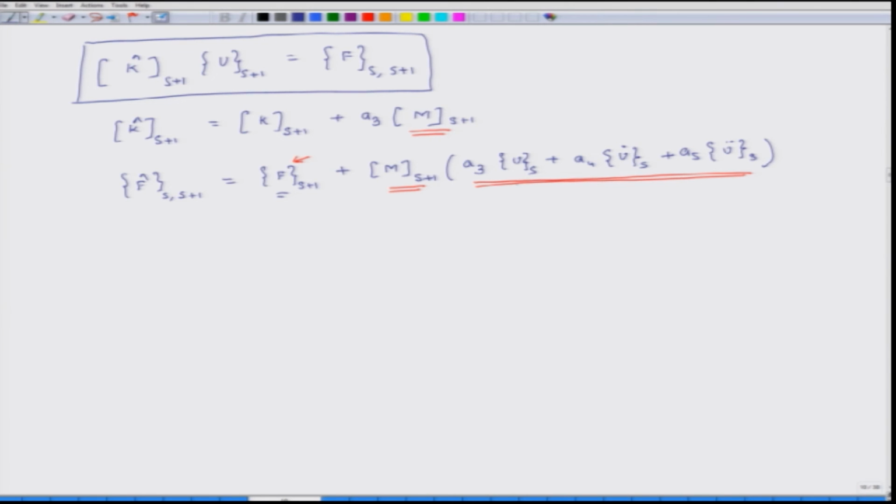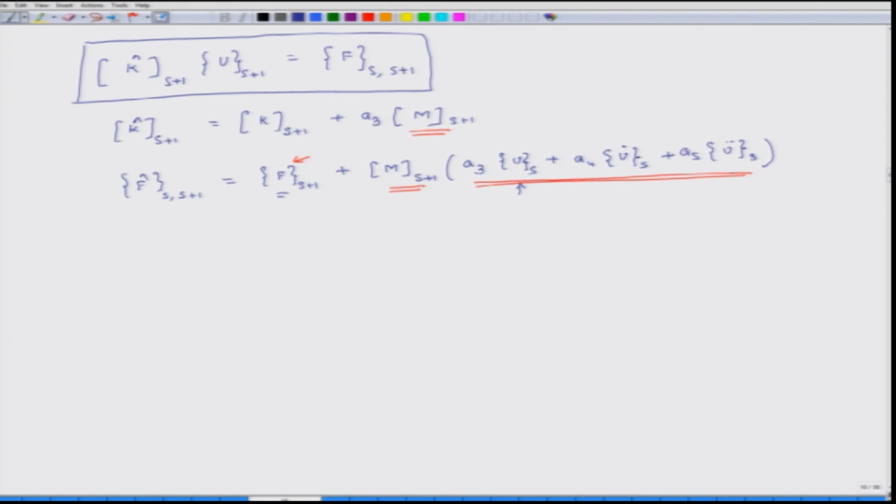So, I have to know the position, if u represents position, then I have to know u, that is the position at the previous time step. I have to know u dot, or velocity, at the previous time step, and I have to know acceleration at the previous time step.